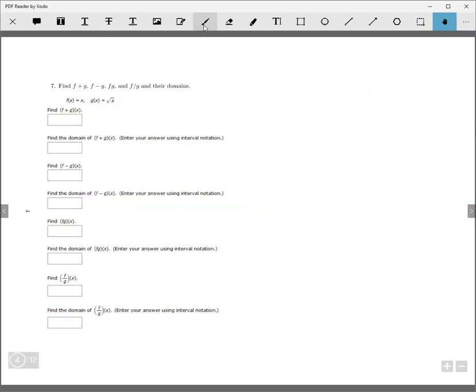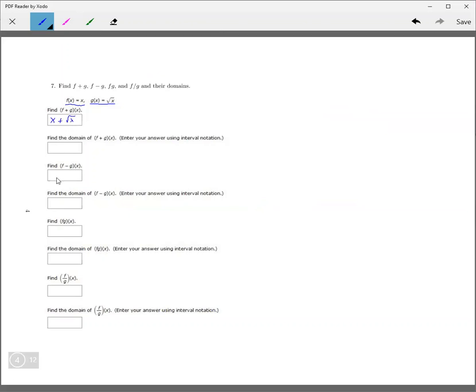Okay, number 7. So here's a bunch of exercises that we're going to do. We have f of x is x, and g of x is the square root of x. Let's find f plus g. That's just going to be x plus the square root of x.